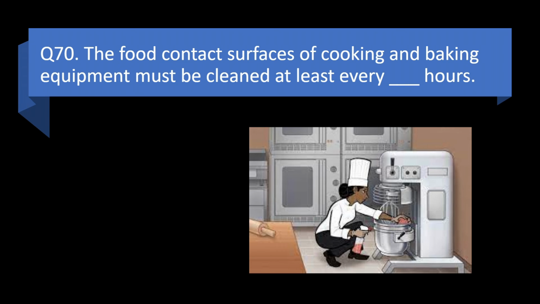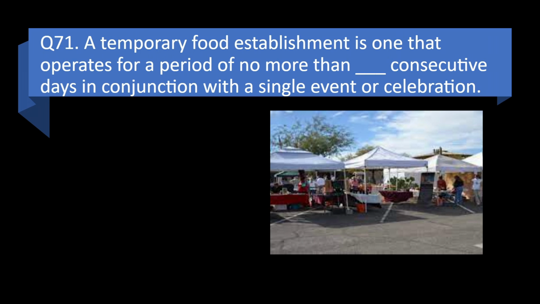The food contact surfaces of cooking and baking equipment must be cleaned at least every blank hours. 2, 4, 24, or 48. C. 24. Question 71. A temporary food establishment is one that operates for a period of no more than blank consecutive days in conjunction with a single event or celebration. 5, 10, 14, or 30.